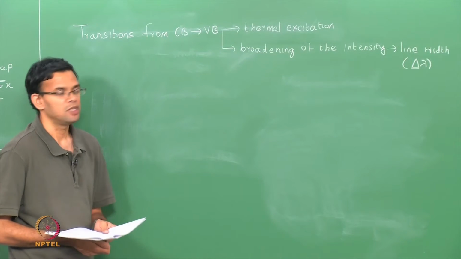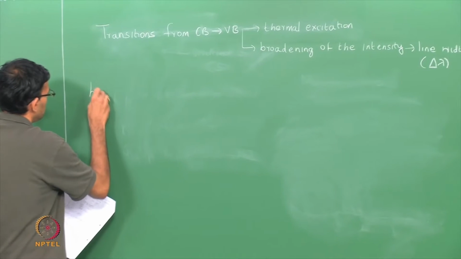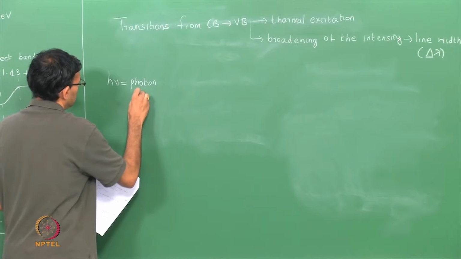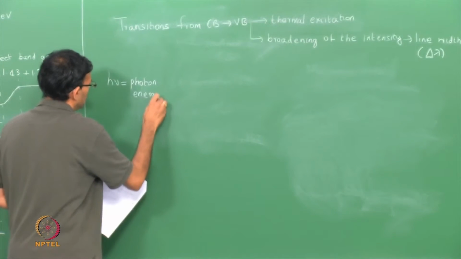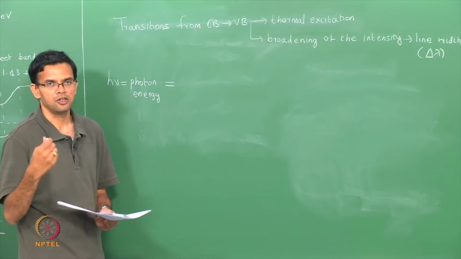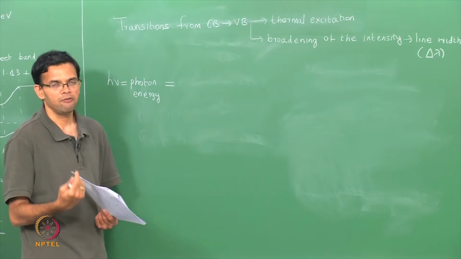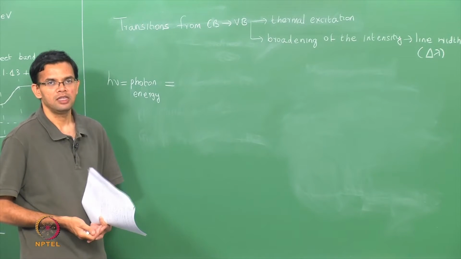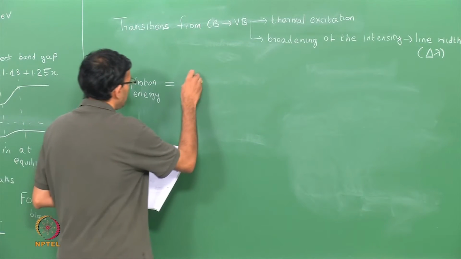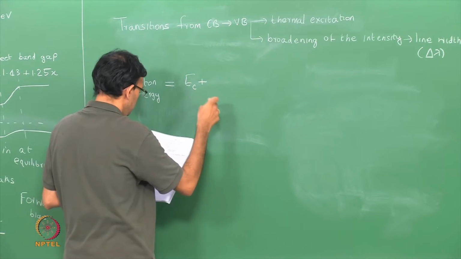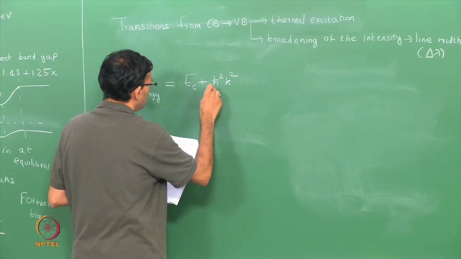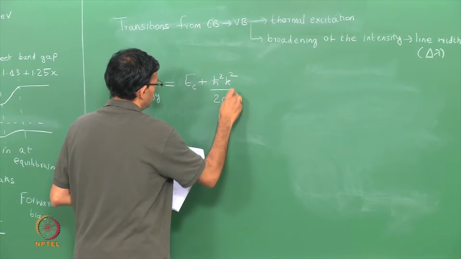So, h mu is the energy of the photon, and this is because of recombination of an electron in the conduction band with some wave vector k, with a hole in the valence band having some other wave vector k, and the photon energy is nothing but E c plus h bar square k square over 2 m e star.